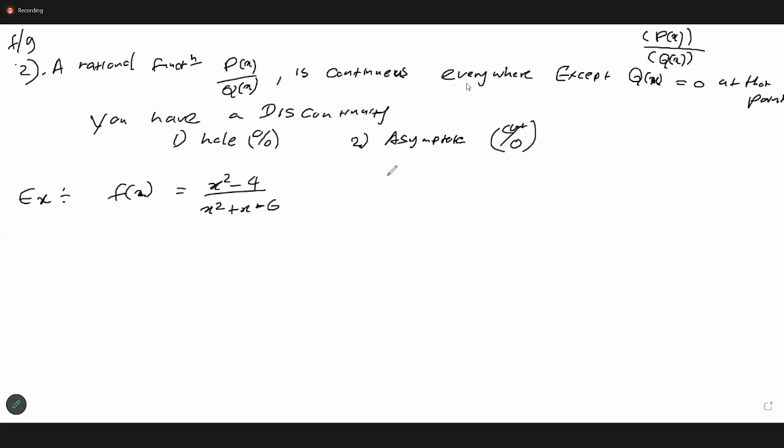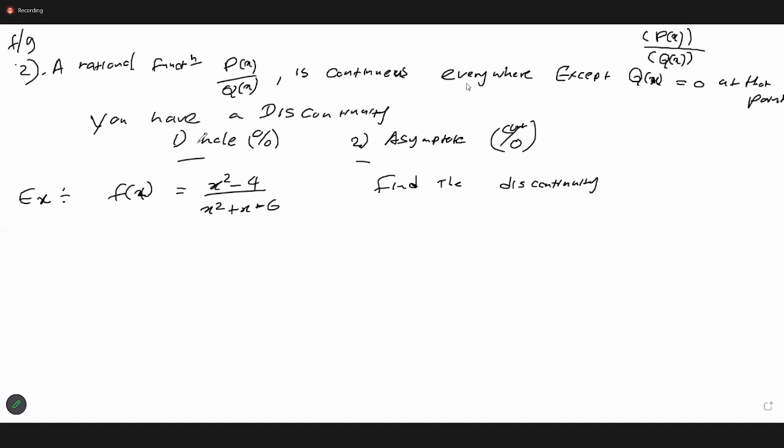My problem is to find the discontinuity, that means if there are any holes or asymptotes, find that out. What is this function? Here this one is a polynomial, this one is a polynomial. A polynomial divided by a polynomial means this is a rational function.